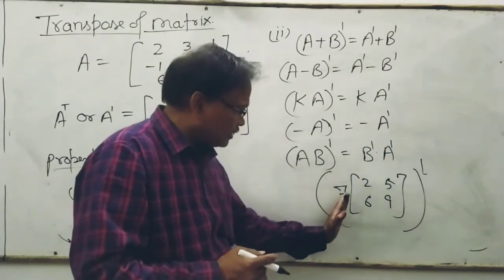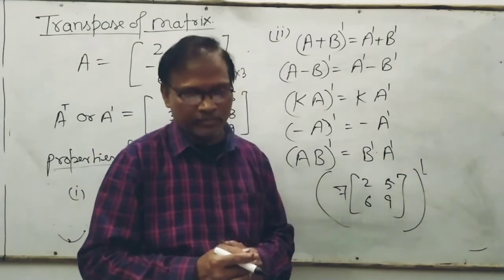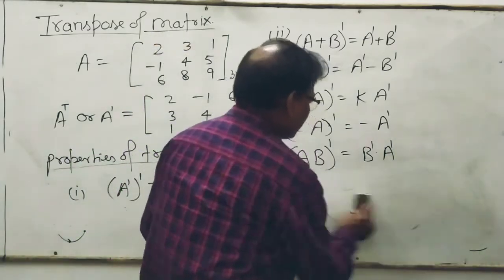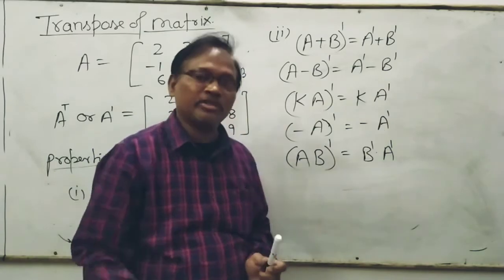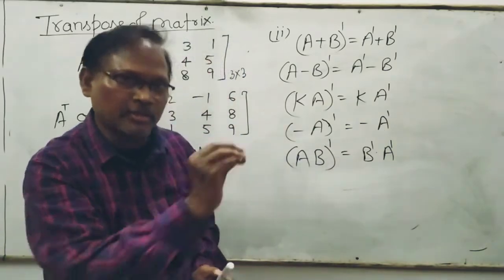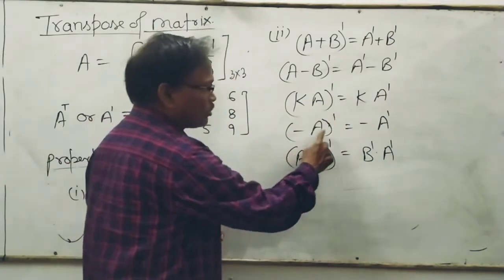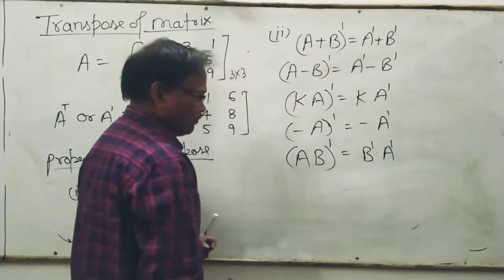So you can write 7 outside the bracket and transpose only this matrix. So this is the way to find it. In this case you will get the K outside and the transpose of only the matrix. Anyway, transpose is done only of a matrix. Minus A whole dash is equal to minus, you can take outside like the K, and transpose of A.